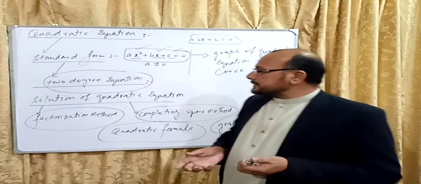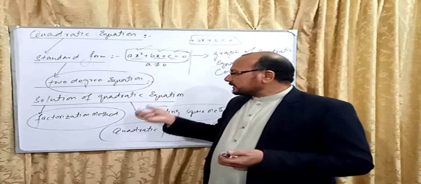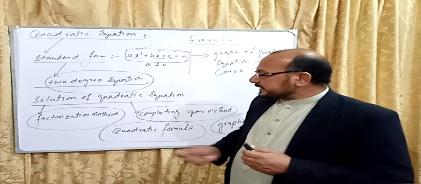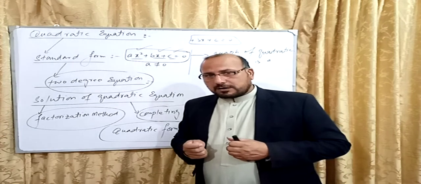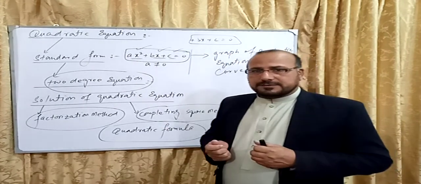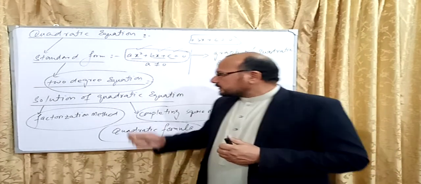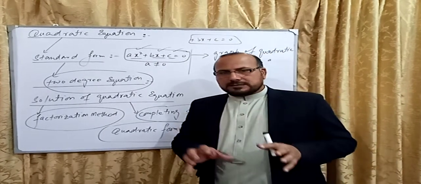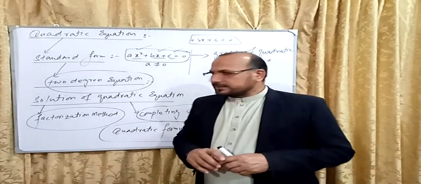The first case is that maybe we have one solution. The second case, maybe we have two solutions, or the third case, maybe we have no real solution. For that purpose, you need to understand the methods as well as the desired results.